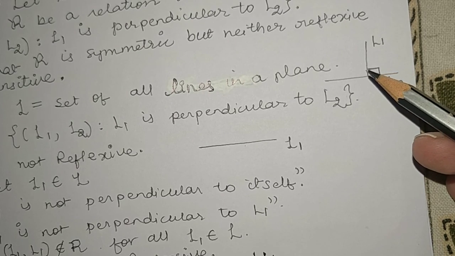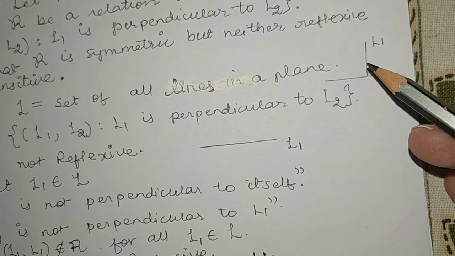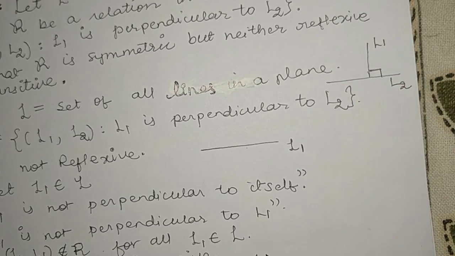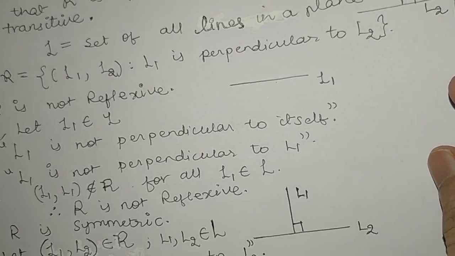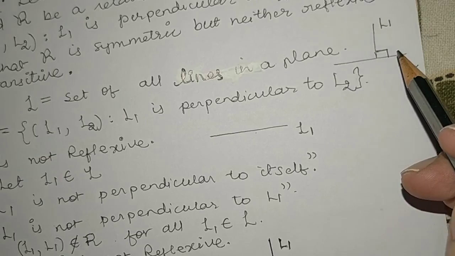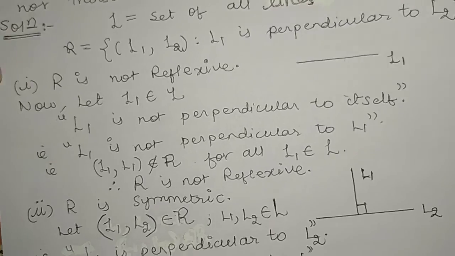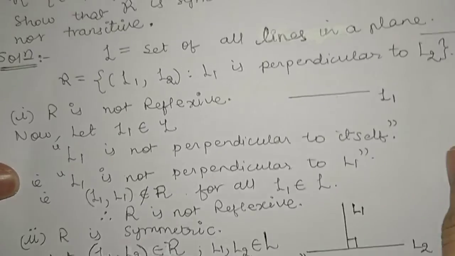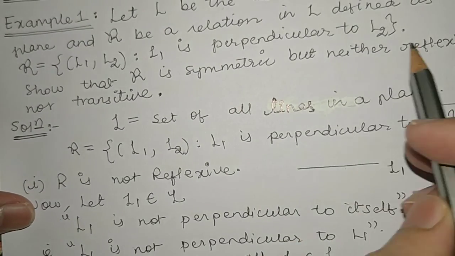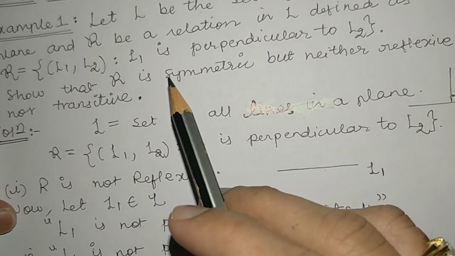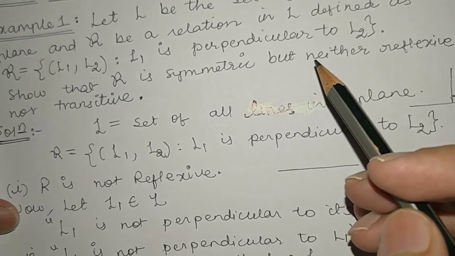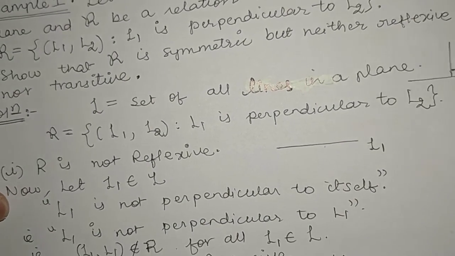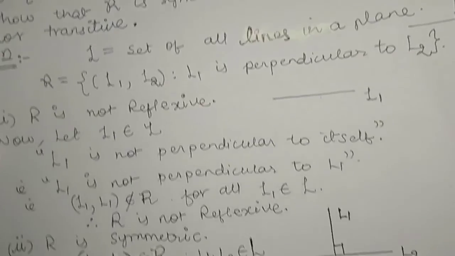Perpendicular means the line L1 makes an angle of 90 degrees with L2. Now you have to prove that R is symmetric but neither reflexive nor transitive. That is, R will be symmetric, but R won't be reflexive and R won't be transitive.